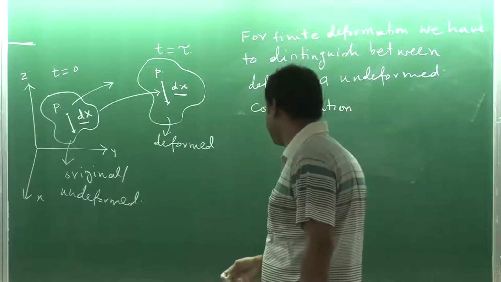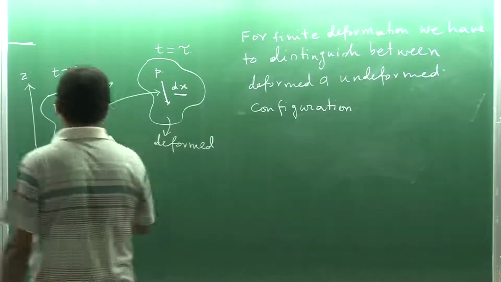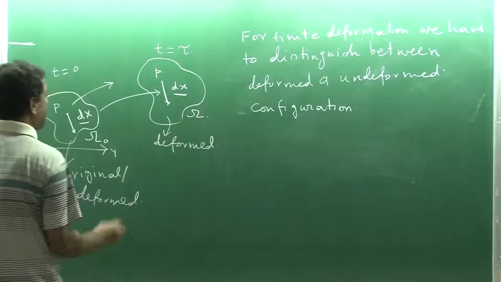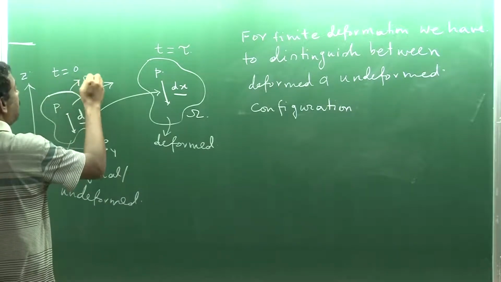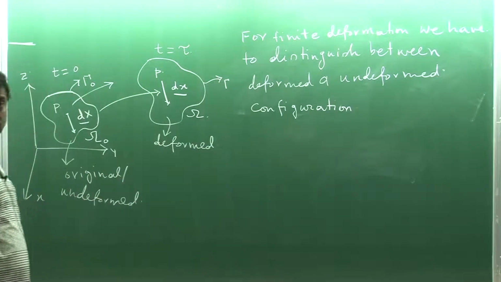We cannot ignore it. However, for infinitely small deformation, those are the same. So, the undeformed configuration maybe we will denote as gamma 0 and the deformed one as capital gamma, and the surface traction whatever we are writing, this is lambda 0, and this is maybe capital lambda, that way we write.